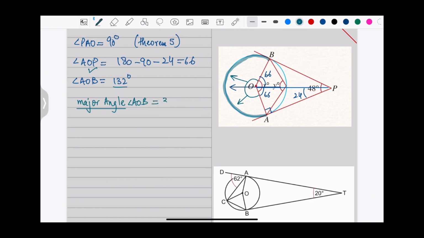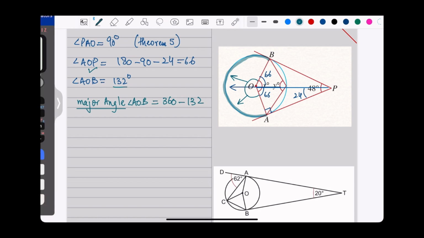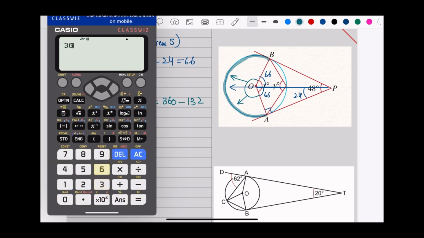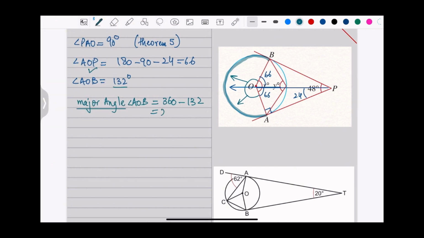It is going to be 360 minus 132, so it's going to be 228. So this is 228, and the angle at the circumference is going to be half of it. So angle Y is 228 over 2, 114 degrees, and the reason is, again, theorem 2.